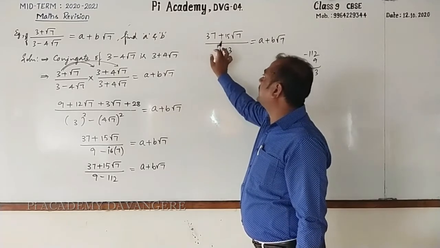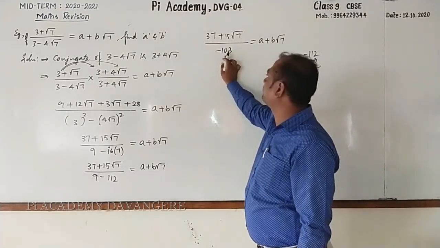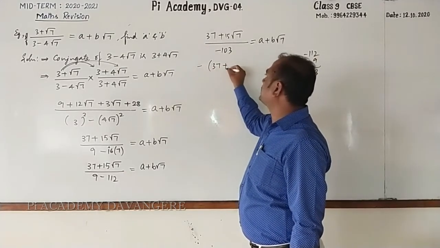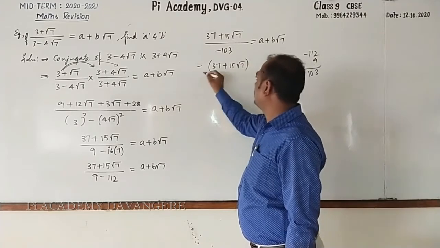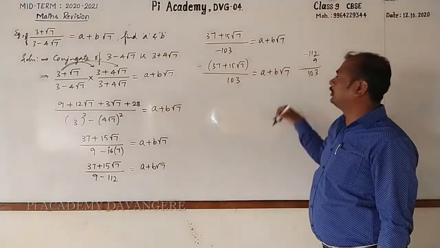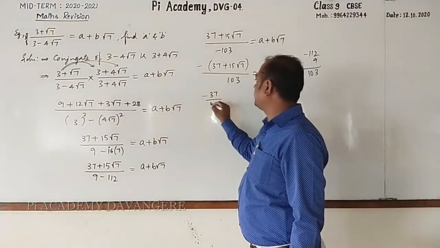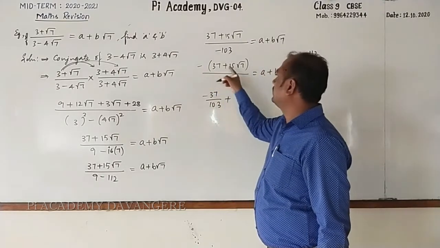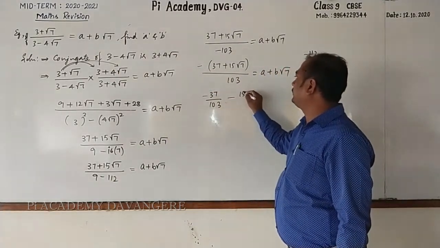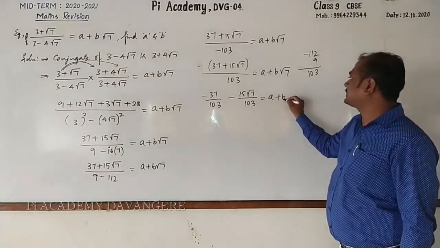Now divide each term by 103. Here I write minus of (37 plus 15 into root 7) whole divided by 103, which is equal to A plus B into root 7. Then this can be written as minus 37 by 103 plus into minus is minus 15 root 7 by 103, is equal to A plus B into root 7.